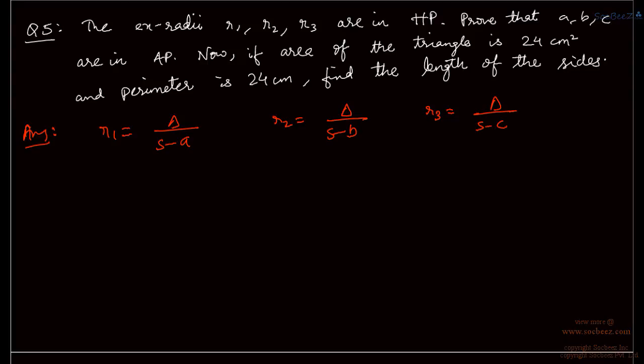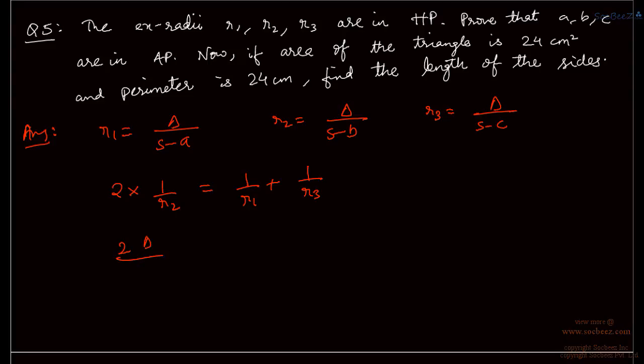That means 2 into 1 by R2 will be equal to 1 by R1 plus 1 by R3, right? Because R2 is the middle term, twice the inverse of that must be equal to the sum of the inverses of the other two terms. Now let's substitute our formula here.